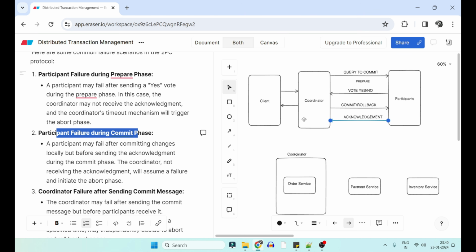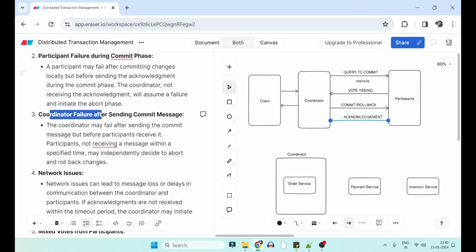In that case, acknowledgement is not sent to the coordinator. So the coordinator will assume, oh, it was able to reduce, but it is actually not able to reduce currently because of some network or crash failures. In that case, it will again say rollback, sorry, even though we have everything, we cannot proceed with your order.